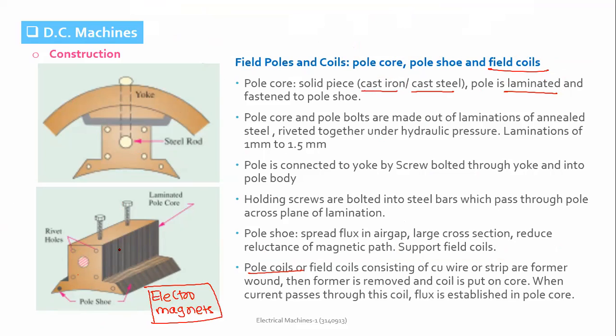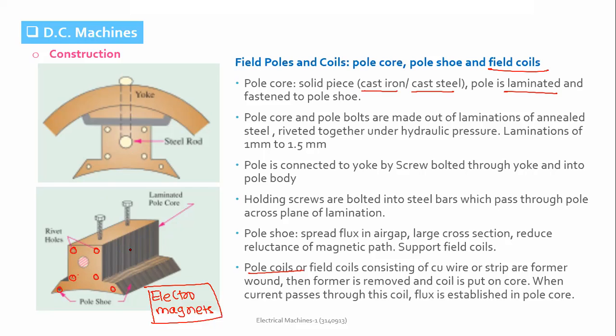Generally varnish material is used. They are dipped into varnish and then they are stamped together, like you see here, with the rivets. Finally they are bolted over the yoke here like this.